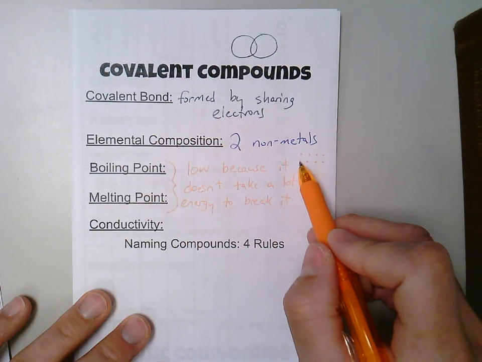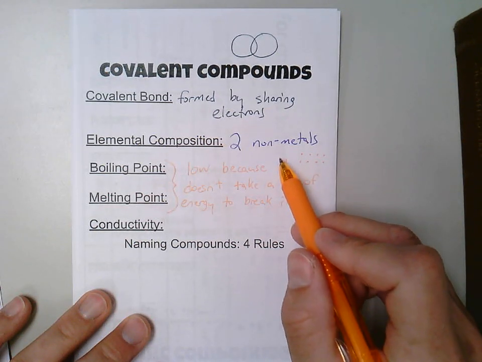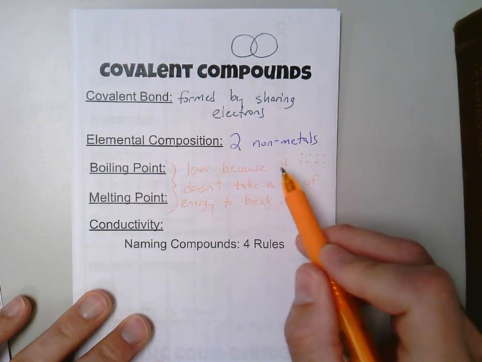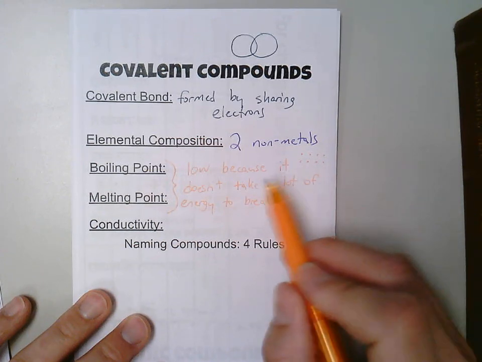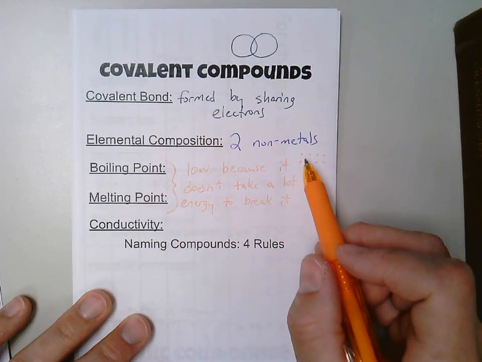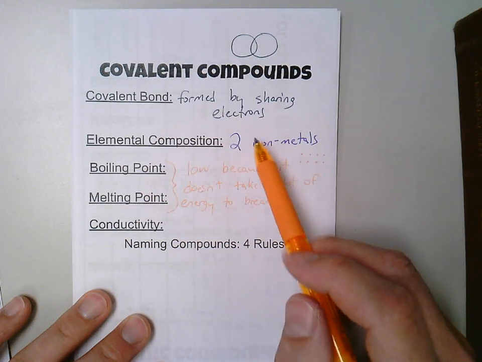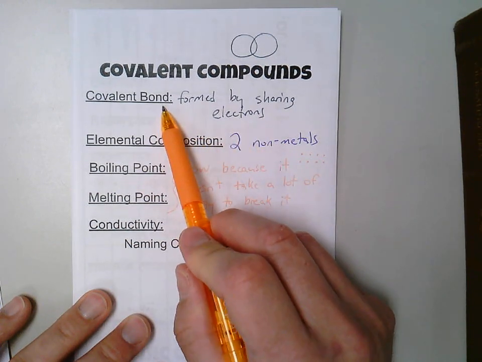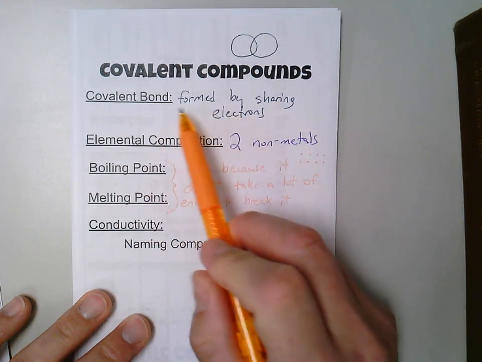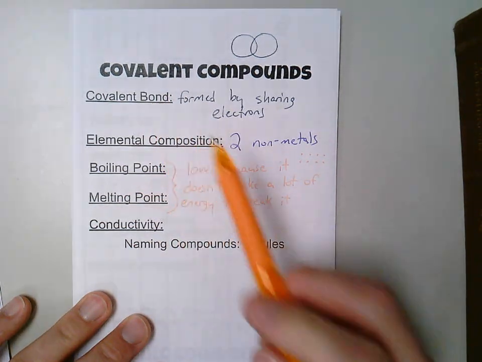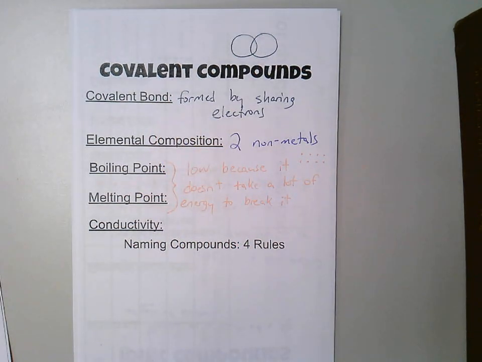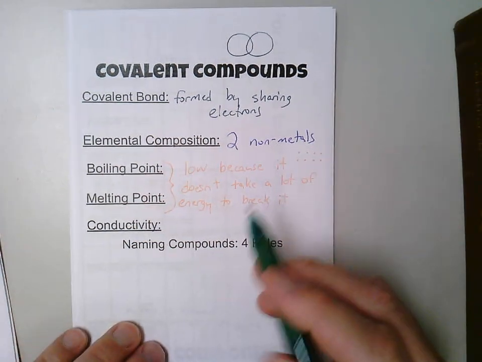Then from a solid it would go to a liquid, and the same thing happens with a liquid. If you excite them enough, if you make them move fast enough, they'll actually break out of that liquid and they'll turn into a gas. And because these bonds are formed by sharing electrons, because they're covalent bonds, they're very weak. They don't hold a whole lot, it requires very little energy for the structure of it to break.